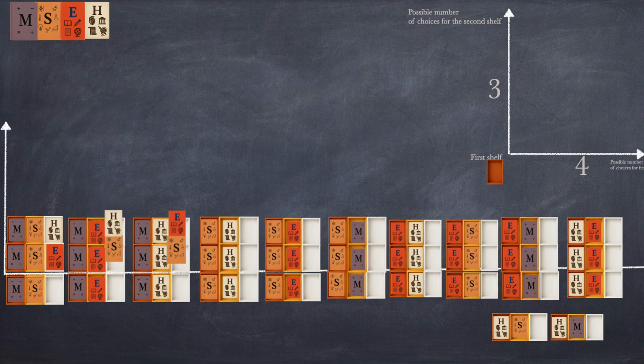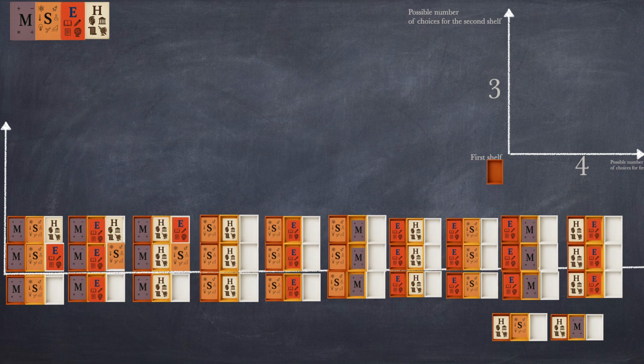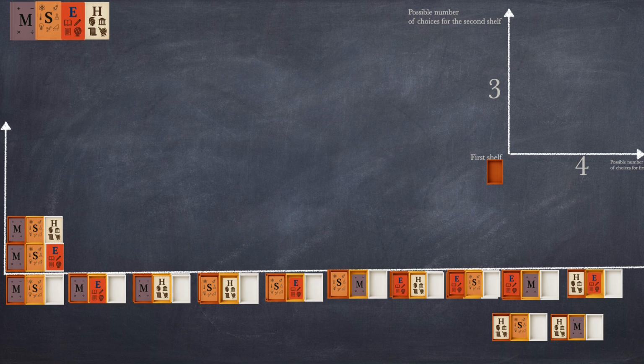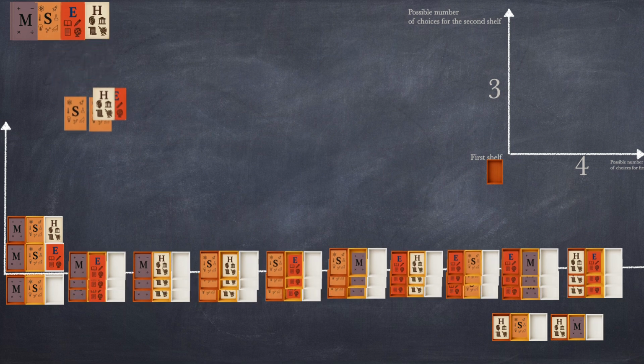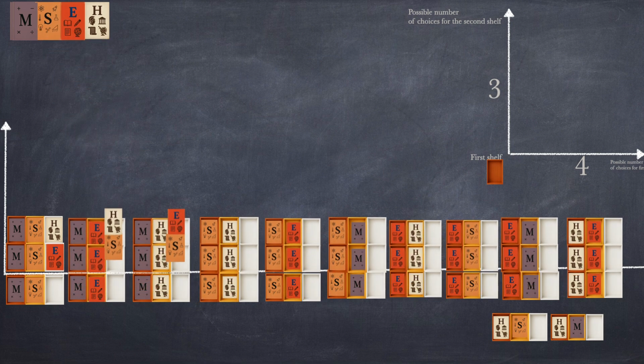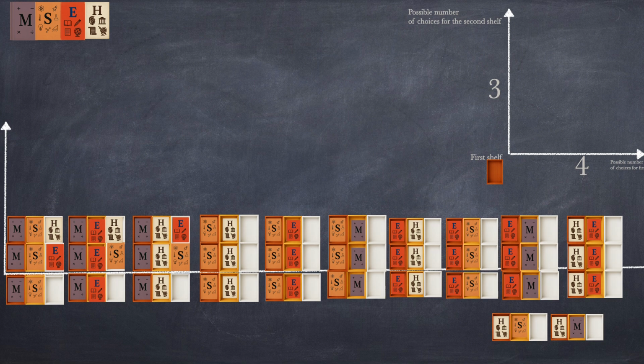Similarly, there are two book choices for each of these possibilities for the first two shelves. We can clearly see from these visuals there are two possible books to select for the third shelf.